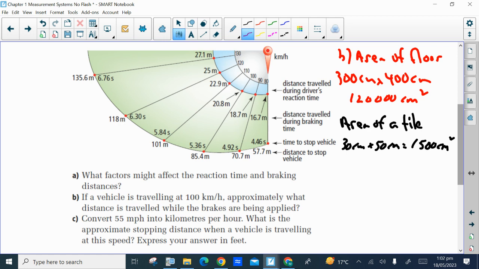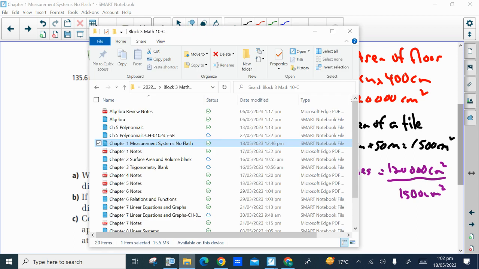And so again, the number of tiles will be found by dividing. You take the 120,000 and divide by the 1,500. And then it says to add 10% after, so we'll do that after.